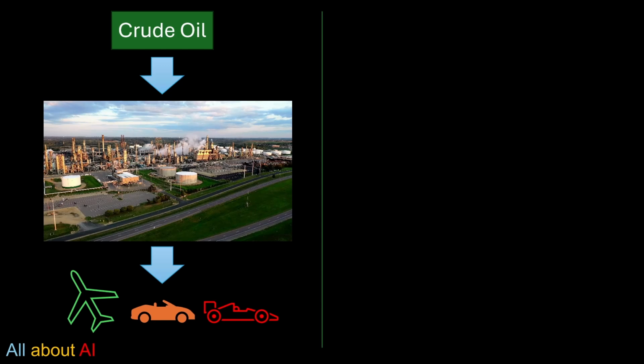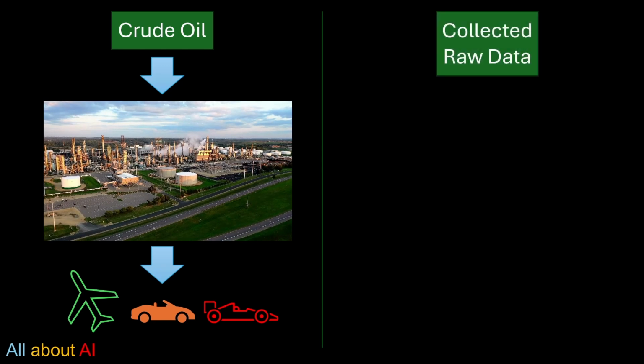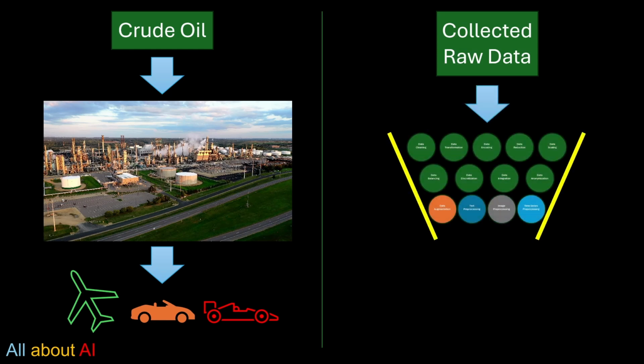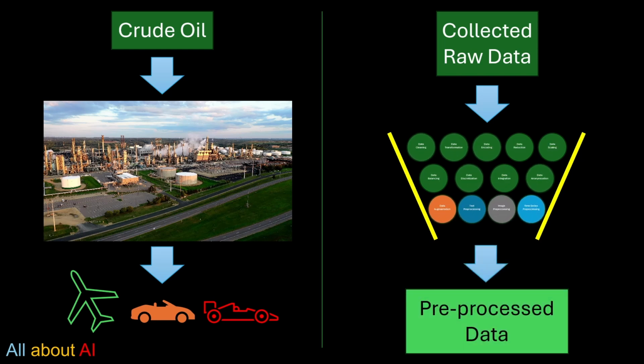Similarly, when we see the data, we collect raw data from various sources. Once this data is collected, it has to go through various pre-processing steps to remove various problems in the data to make it usable for the algorithm. Now, different algorithms have different needs, just like the quality of oil for a Formula 1 car differs from that for a normal car.